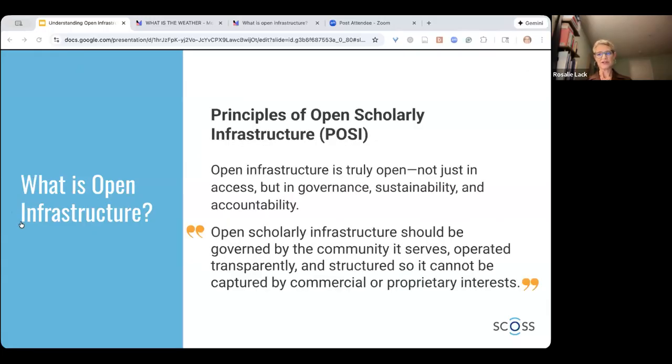In their definition, they really are looking at the idea that whoever controls the infrastructure should be governed by the community and operated transparently. These principles focus on the shift that it's not just tools, but really who makes the decisions and who sets the priorities. And that's how you can have a sense of the strength of that open infrastructure.